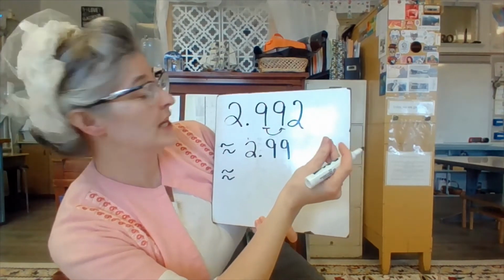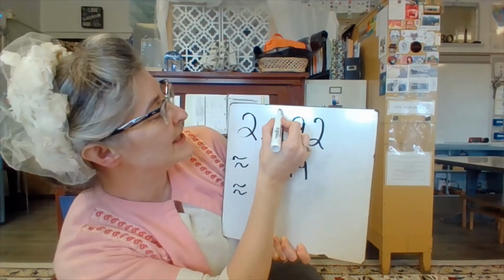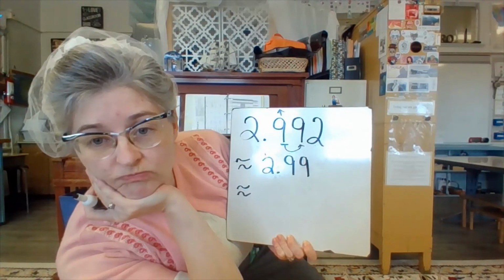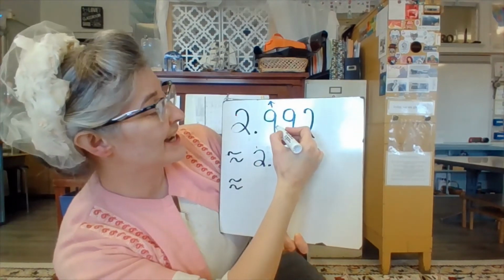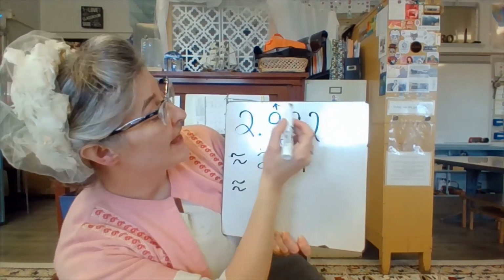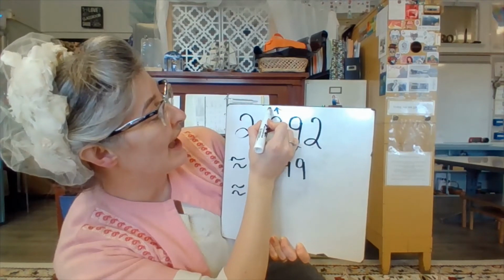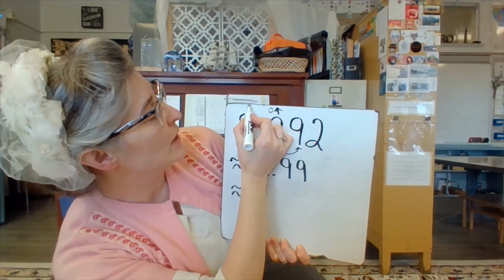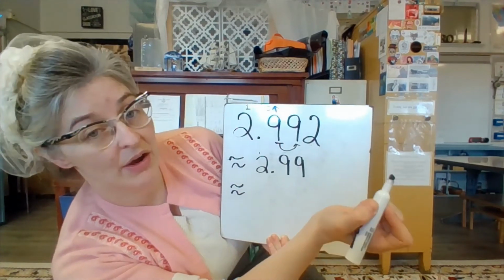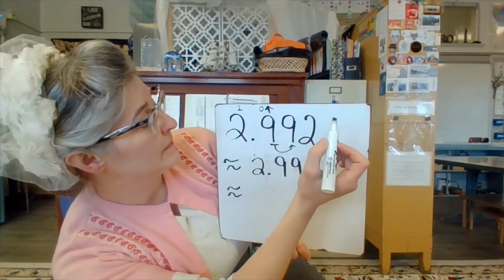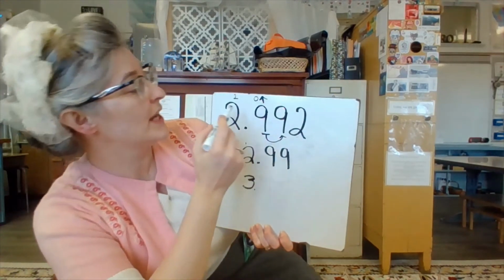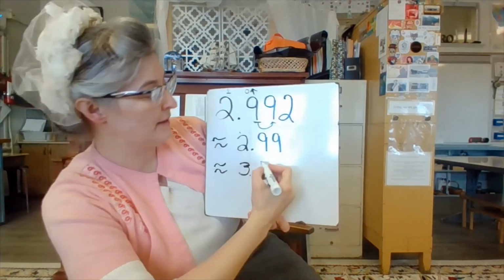Yes, it definitely is, which means this needs to go up, but I'm at 9 already. Well, what's more than 9? 10. That means this number will have to become a 0. I will add my 1 over here, and it will end up being 3, because 1 plus 2 is 3.